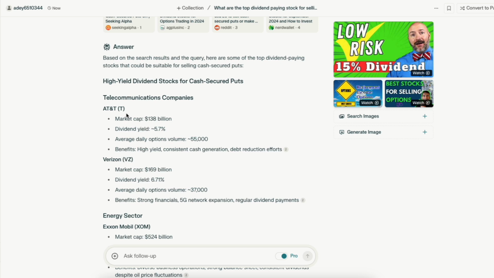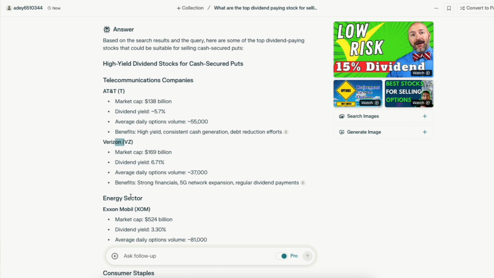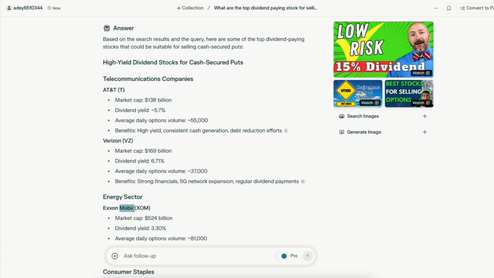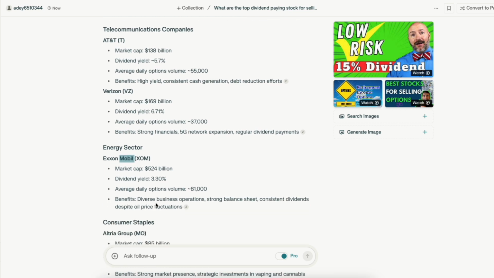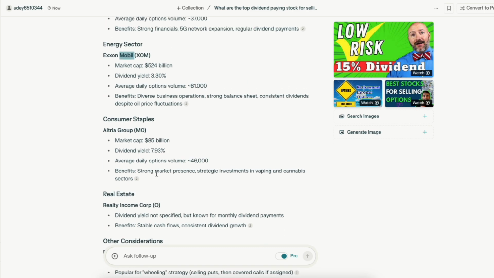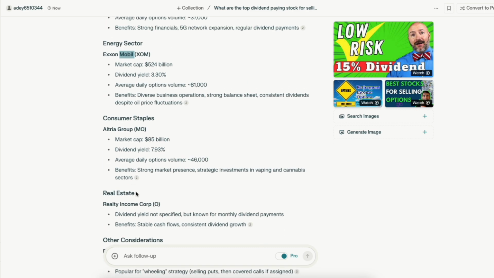So AT&T, a long time dividend aristocrat. Verizon. In the energy section, ExxonMobil is definitely one of the big players, and they are very popular among dividend investors, but also very good to run the wheel strategy on. Altria Group, that's also a pretty popular dividend aristocrat.